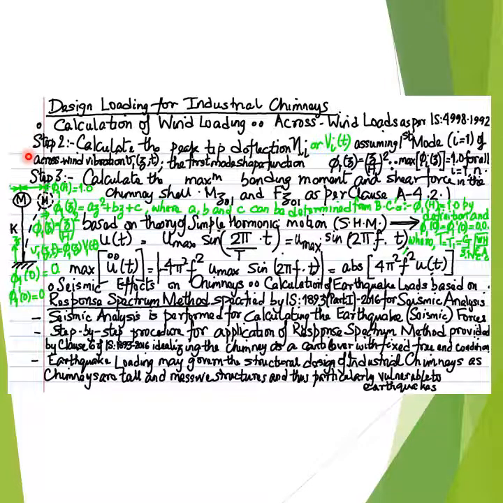To step 2 of the exercise of calculating the crosswind loads based on the simplified procedure provided by IS 4998 Part 1.